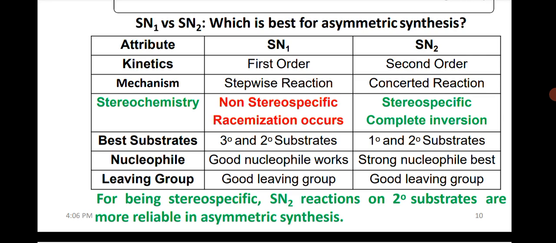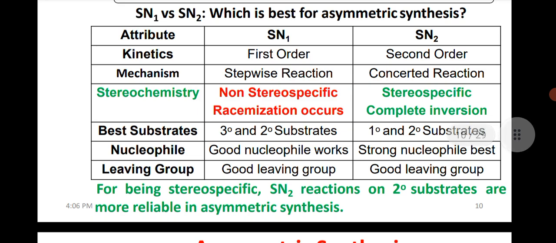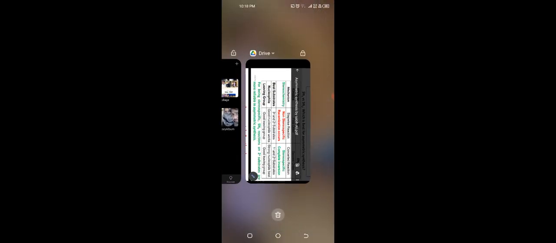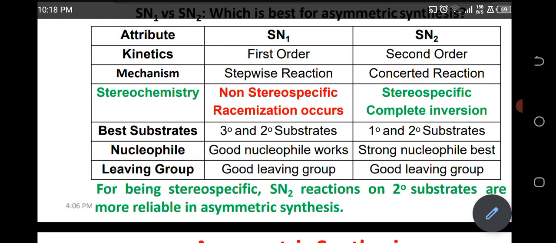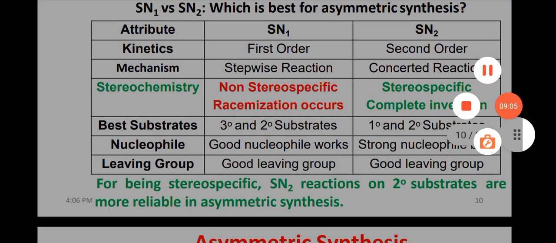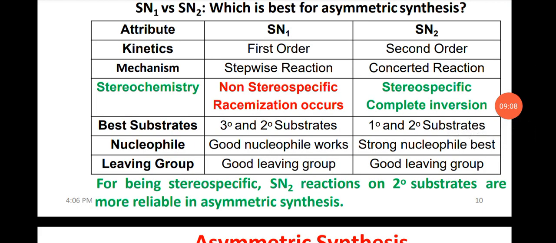in asymmetric synthesis. Here we decided that in the substitution reactions SN1 and SN2, we preferred the SN2 reaction for asymmetric synthesis.